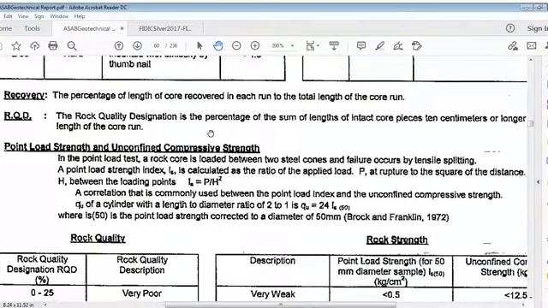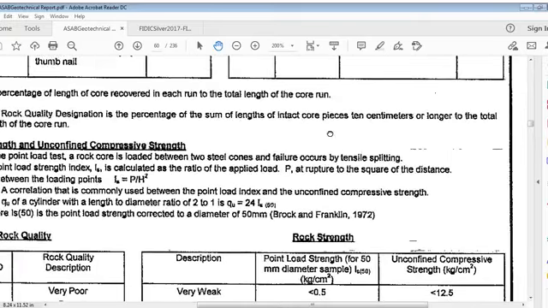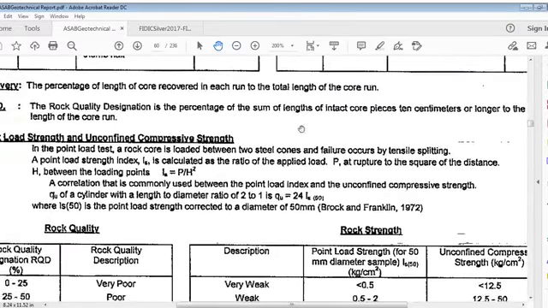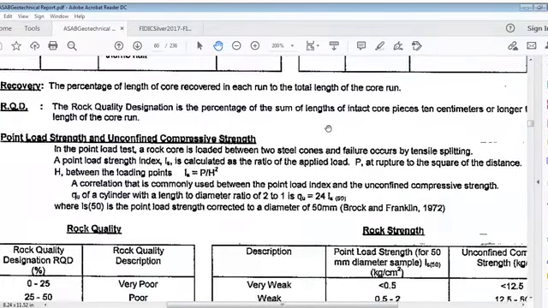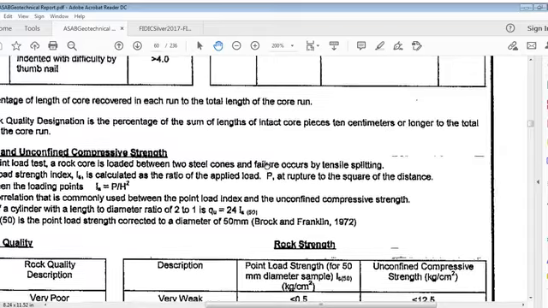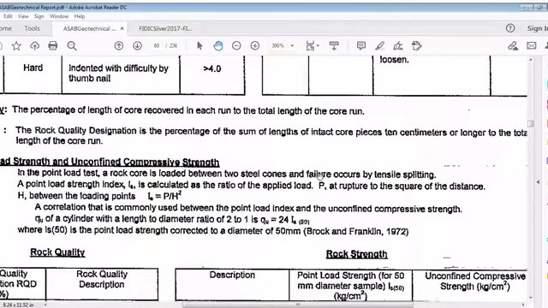So that is RQD. Rock quality designation is the percentage of sum of lengths of intact core pieces 10 centimeters or longer to total core length.